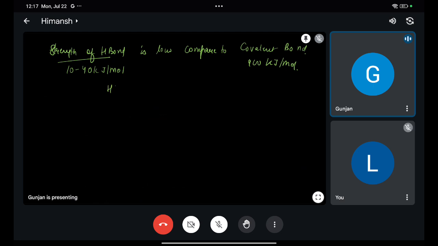So we can say hydrogen bond is 1/10 of the strength of a covalent bond.